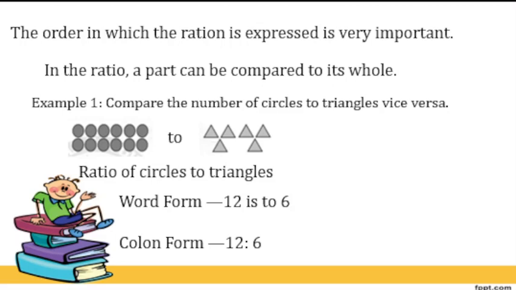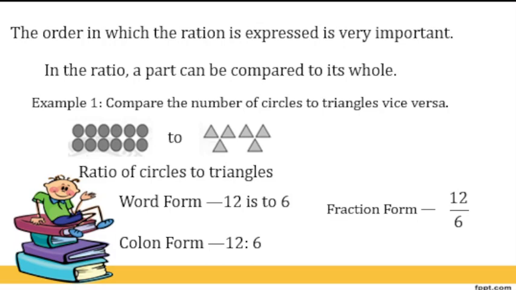And by fraction, that is 12 over 6. But we are not always reading that as 12 over 6 because we are going to express that in lowest term. Because in fraction alone, 12 over 6 is 2. Since we talk about ratio, 12 is to 6 will become 2 is to 1.